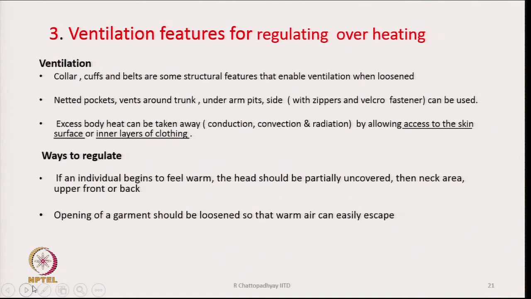So, if we open them out, heat will escape quickly from the body and you will start feeling comfortable. Opening of a garment should be loosened, so that warm air can easily escape. So, if there are some other ventilation points, they should be opened out. If there are buttons, if there are chains, we remove them.